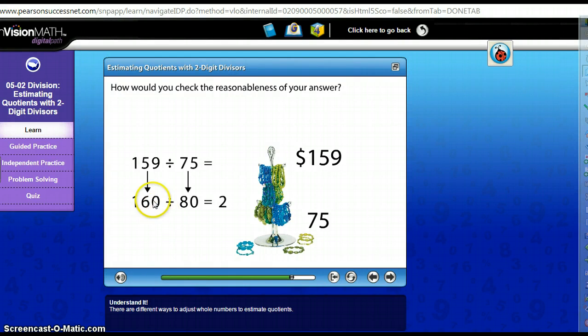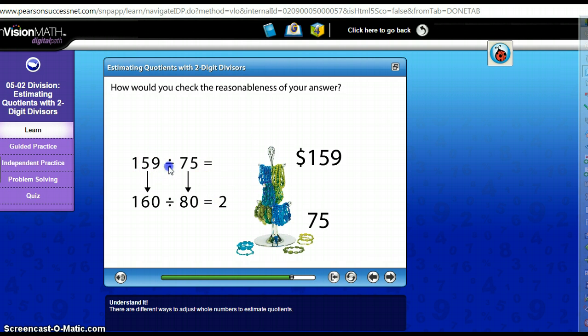Yes, we could use the actual values that they gave us and see if our answer is somewhat close, if it's reasonable. I don't expect 159 divided by 75 to be exactly 2 because we used an estimate, about something close to. But it should be somewhat similar.